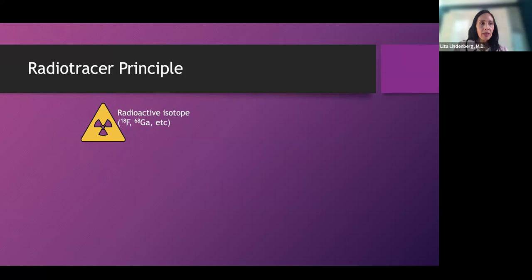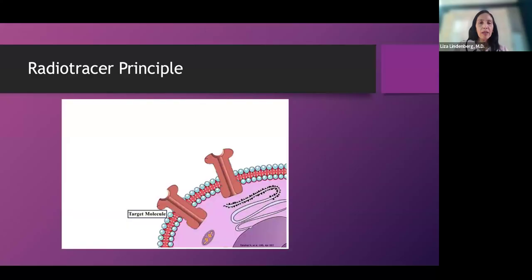To combine the radionuclide with a targeting vector without reducing its affinity to its target, normally linking structures such as a linker molecule are necessary. Then the binding molecule or the targeting vector is attached. And then in the body, the targeting vector guides the radiopharmaceutical to its specific target, which is the receptors. And that is useful in terms of our imaging.